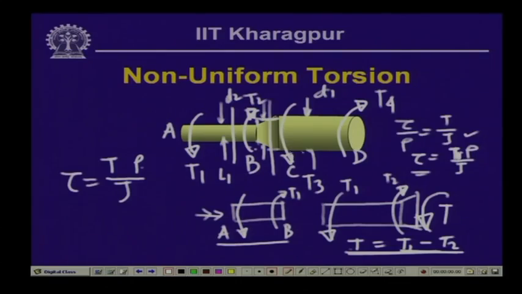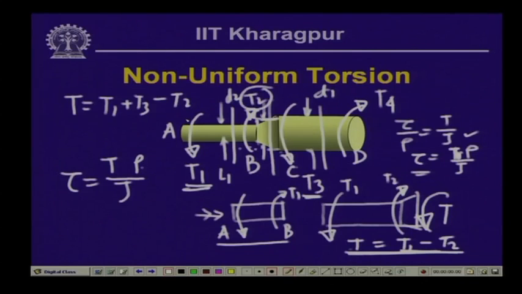Now, if we take a section between C and D, if we cut off over here, then we have T1, T2, and T3, and T1 and T3 are acting in the same direction and T2 is in the opposite direction. So the resulting T for that will be T1 plus T3 minus T2.